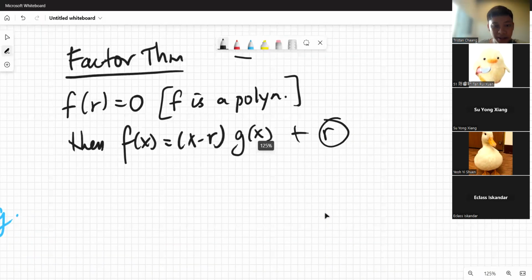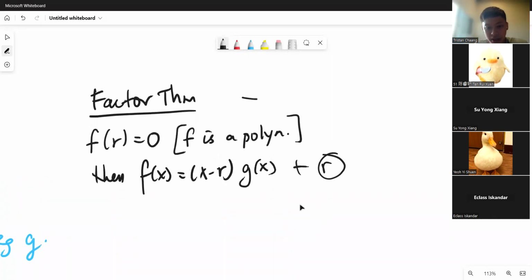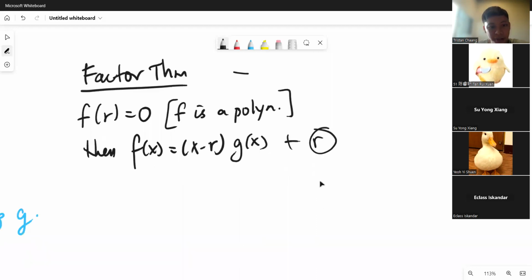Okay, is this clear so far? So if r is a root, then x minus r is a factor. To prove this, you basically use the division algorithm and then determine the final remainder, which is a constant.